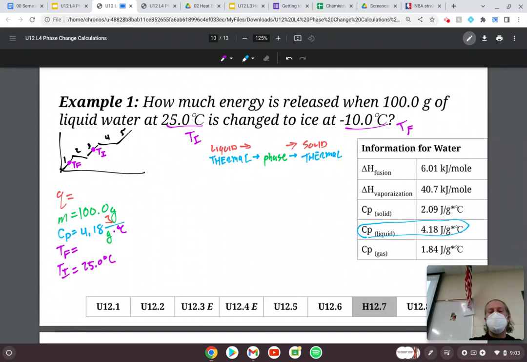But if we're going from a liquid to a phase change, what's my final temperature going to be for this calculation? It's going to be 0, because we are cooling it from 25 degrees Celsius to its freezing point.